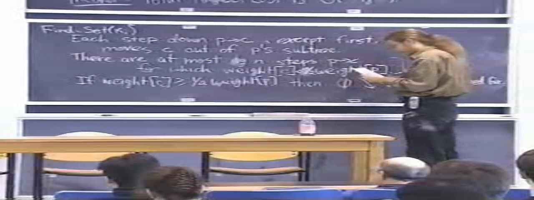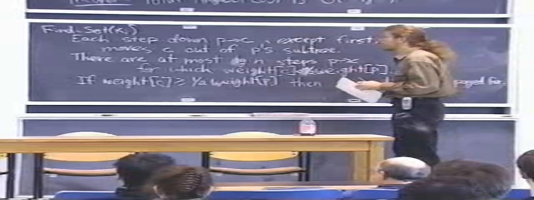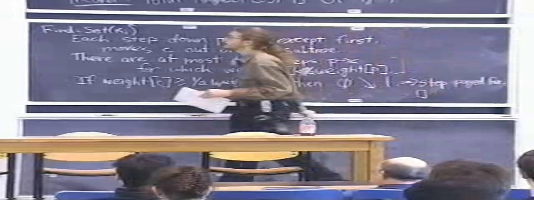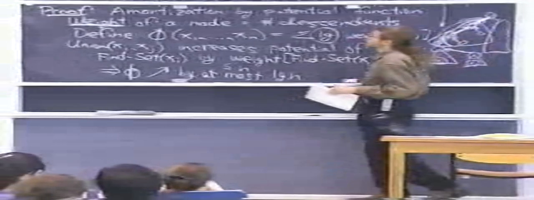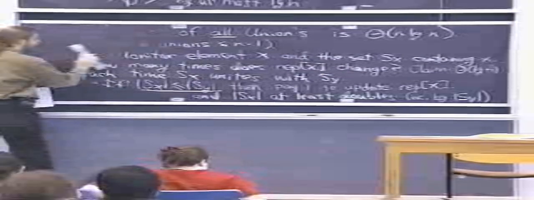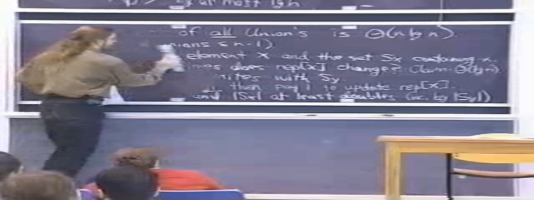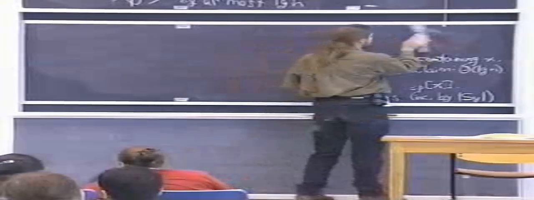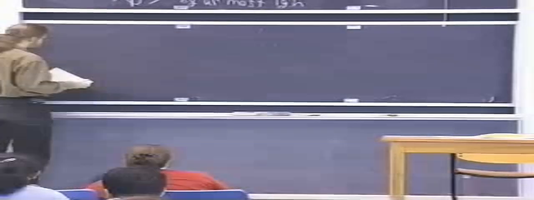Now, I have a few more minutes, and I want to tell you what the bound is if you have both tricks. Okay, I'm not going to prove it because I don't have time, and it's a really messy proof. But you should know the result, because the result is very cool. So I've always been talking about trick 1 or trick 2.